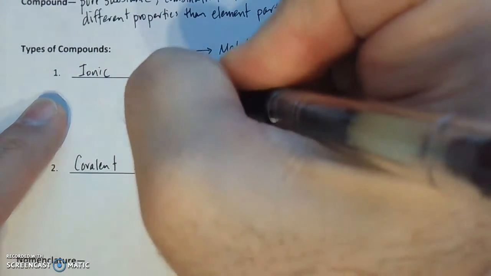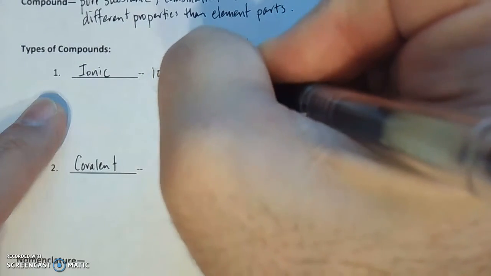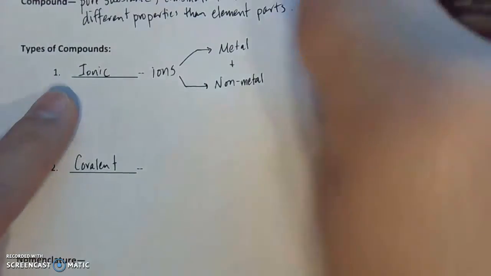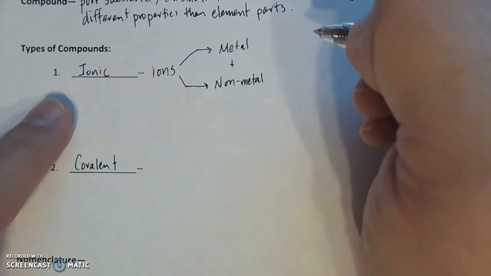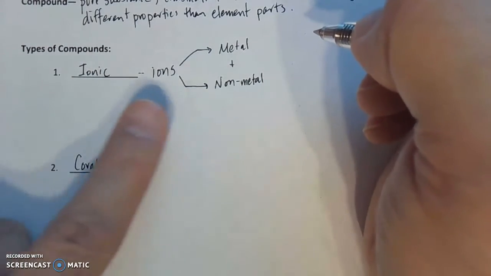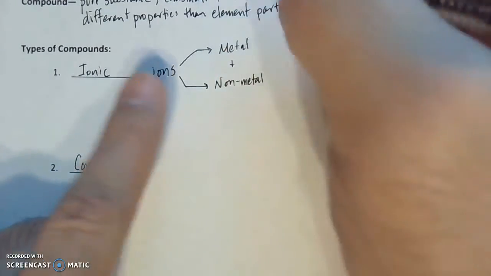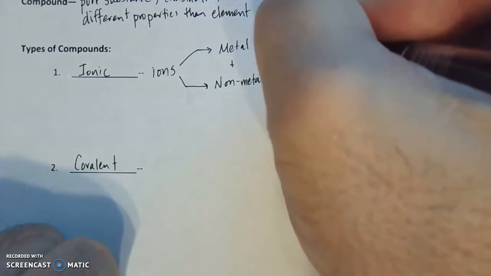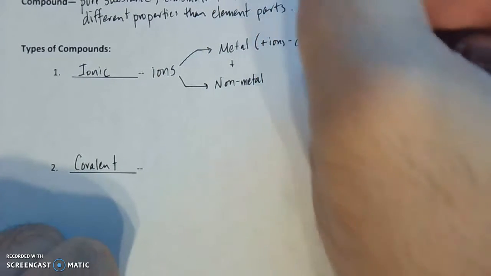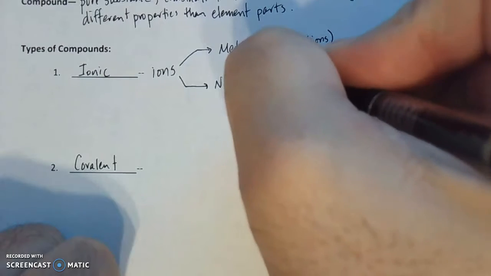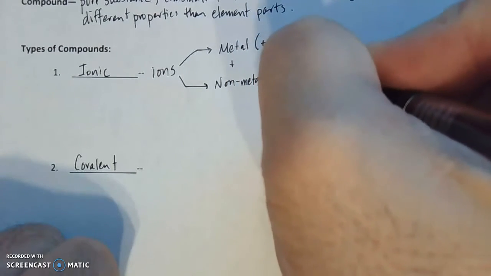So typically this is a metal plus a non-metal. So this is all review. So we have ionic bonding here, where we had transfer of electrons to form ions. So we have a metal, which are the positive ions, or cations, bonding with a negative ion, or an anion.